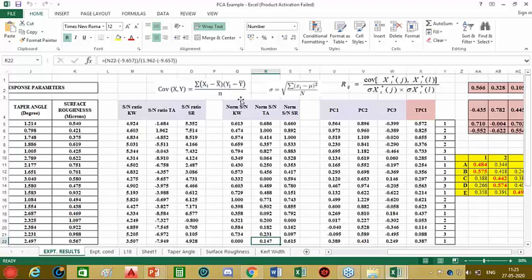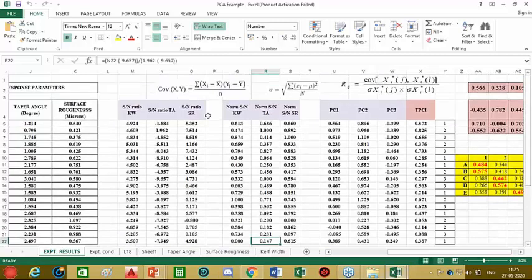Then take the sum of that and divide it by the number of data points. This is how we can obtain the covariance. Similarly, we can obtain the standard deviation. This is the very regular formula for calculating standard deviation. In Excel, these two functions are directly available, so we can use them to find out covariance and standard deviation.